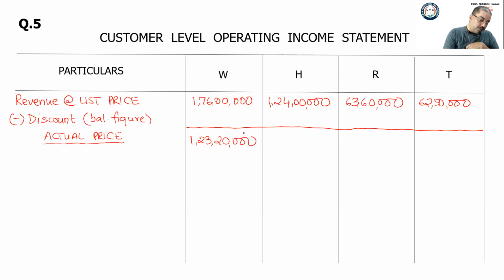Minus 1 crore 76 lakhs, 52 lakh 80,000 is the discount. Then 800 into 200 into 62 is 99 lakh 20,000. Minus 1 crore 24 lakhs, 24 lakh 80,000 discount.